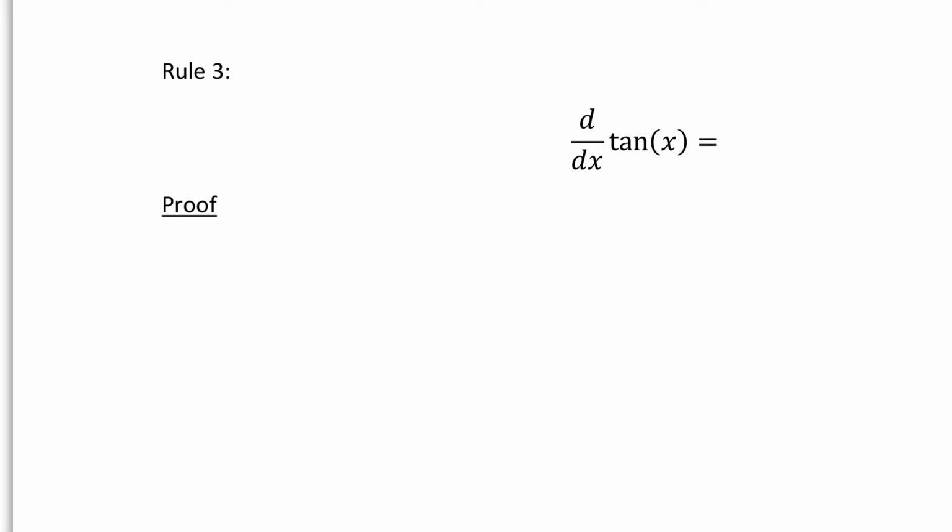Now, using these rules, we can actually calculate the other trig functions just using logic. So go ahead and take a guess for the derivative of tan x. Maybe you think it's cos x or sine x or maybe secant x, some other trig function, but we don't actually have to use the limit definition for it. The derivative of tan x: we know tan x is sine x over cos x.